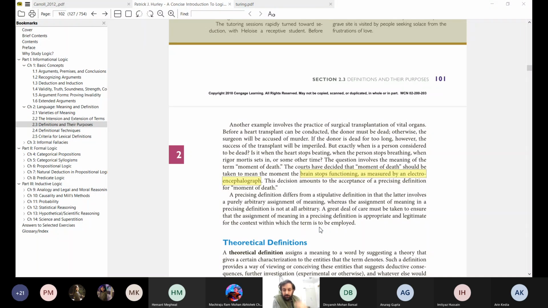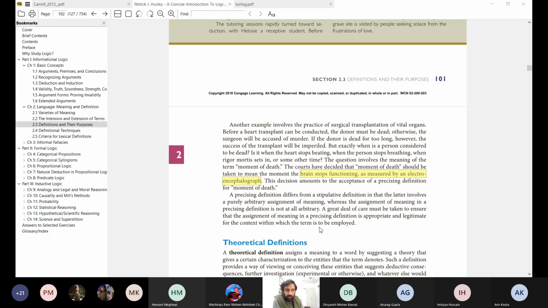In a legal context, there may be a clearer kind of differentiation than in a non-legal context. But the overall point is, when there's some danger that there's a range of possible meanings that one might mean by something in some particular context, to avoid misunderstanding and to be talking about the thing we want to be talking about, it's very useful to either request precising definitions or to offer precising definitions.